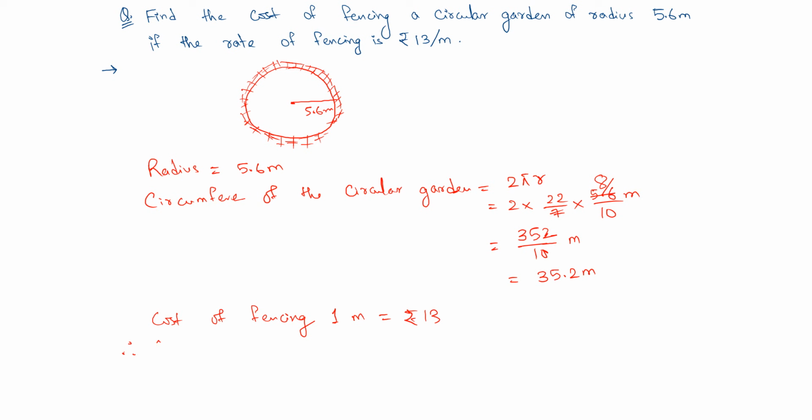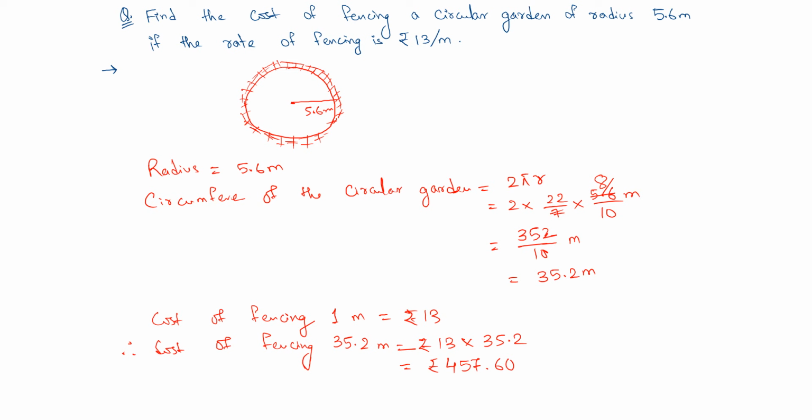Therefore cost of fencing 35.2 meter will be rupees 13 into 35.2. After multiplication we will get 457 rupees 60 paise. Okay, so this is how this question has to be done.